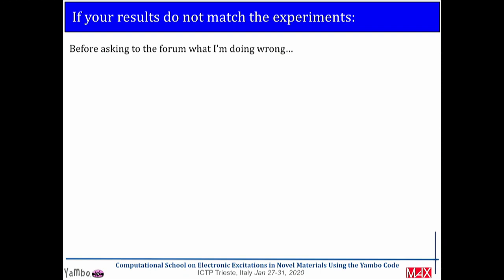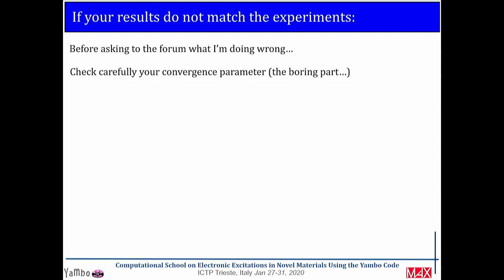So if your results don't match the experiments, take this message: before asking the forum what I'm doing wrong, check carefully your converged parameters. I call this the boring part, but we will have a lecture just now addressing also how to make the machine work for you for this part of the calculation.